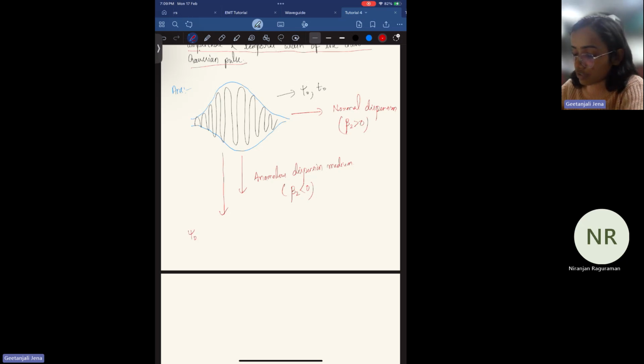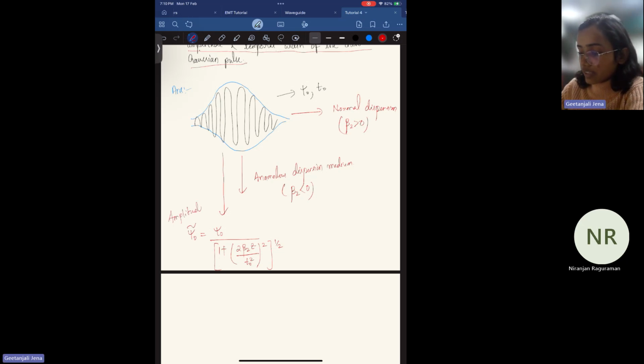The amplitude psi 0 tilde is given by psi 0 over (1 plus 2 beta 2 z over T0 square) whole square, to the power half. This is the effect on amplitude.